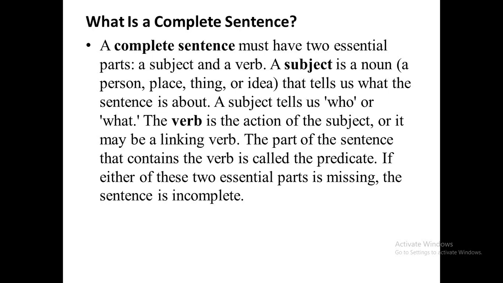A complete sentence must have two essential parts, a subject and a verb. As we have discussed earlier in our lecture, a subject is a noun that tells us what the sentence is about. A subject tells us how, who, or what.